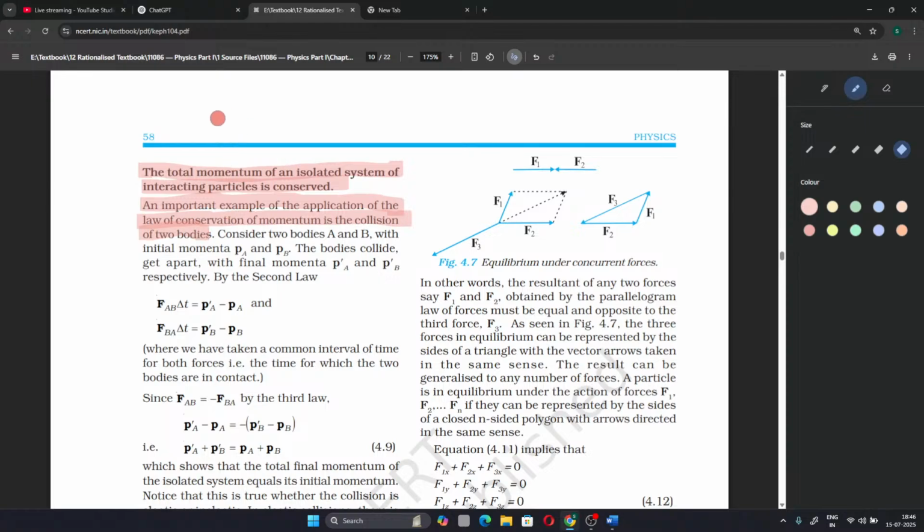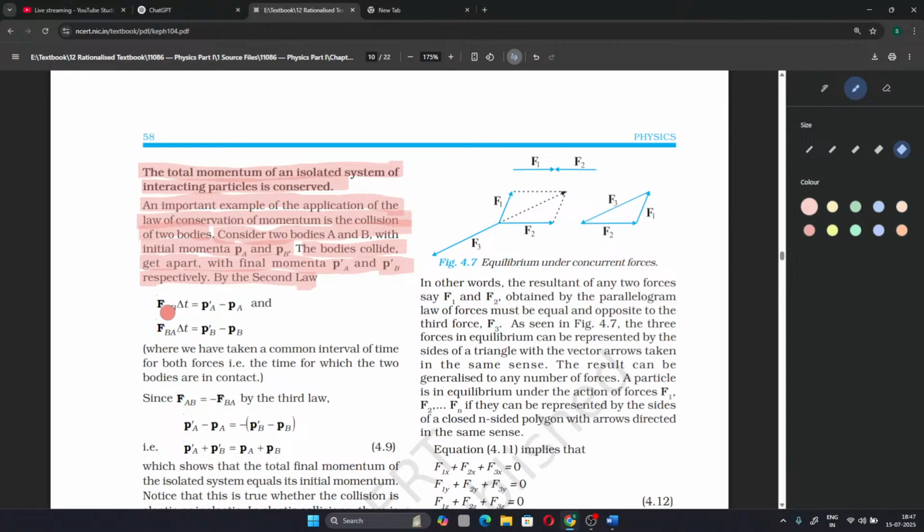The more important application of this law of conservation of momentum is during a collision of two bodies or two particles. Consider two bodies A and B with initial momenta PA and PB. The bodies collide and move apart with the final momenta PA' and PB' respectively.